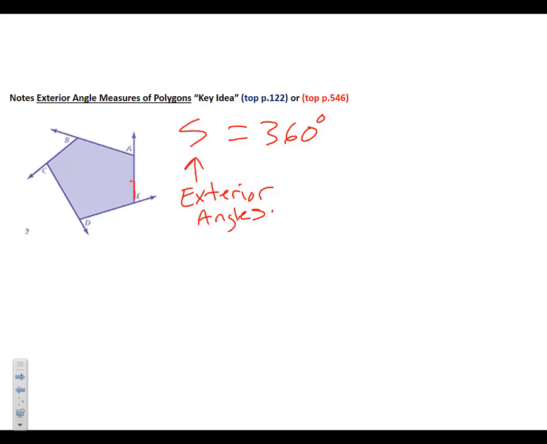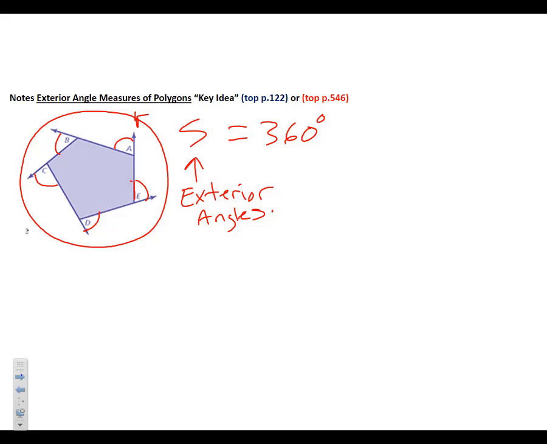So ladies and gentlemen, if you think about it, if I were to measure this angle here, and then this angle here, and then this here, and here, and here. By the way, if I put all 5 of those partial circles together, that would equal one big circle. So starting here, I can go all the way around in one big circle, and we know that all the way around a circle is 360 degrees. And it only works with a convex polygon.